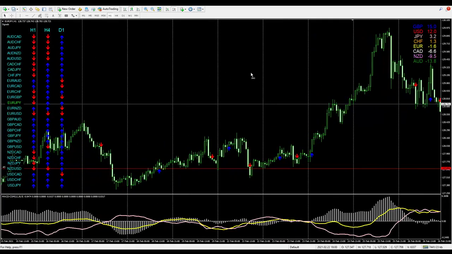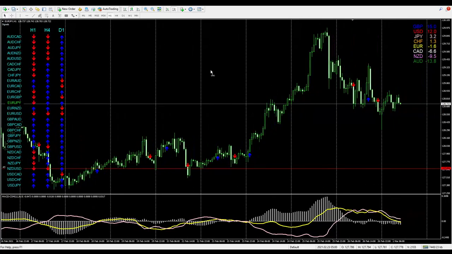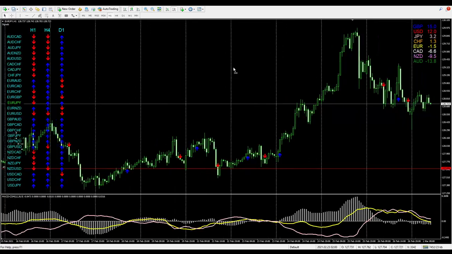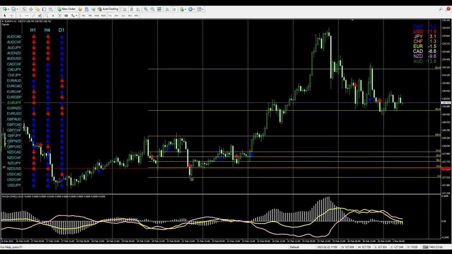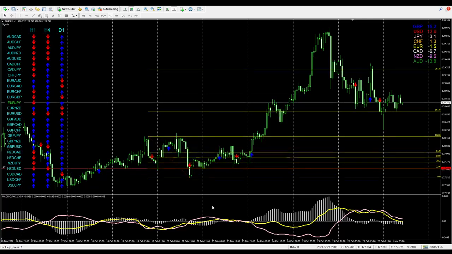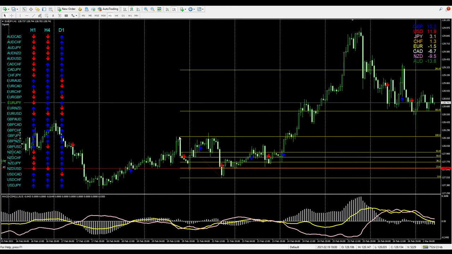I guess I posted the signal last week on our Telegram group, so I guess the signal is around this time. So if you would plot our Fibonacci level, it would be like this. One moment. It would be like this. No, up to here.